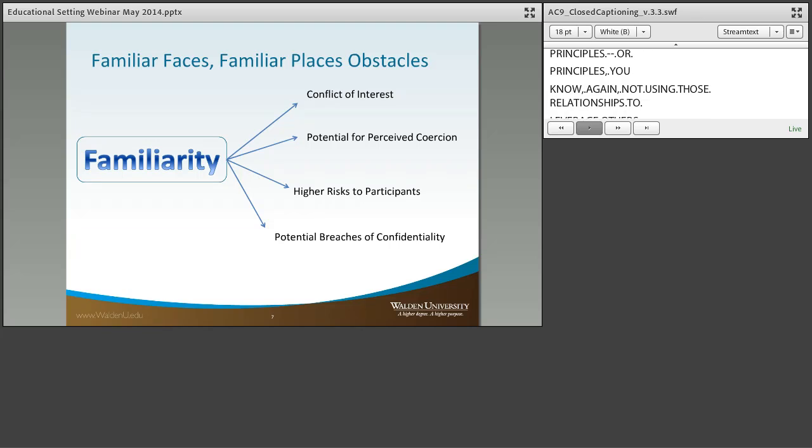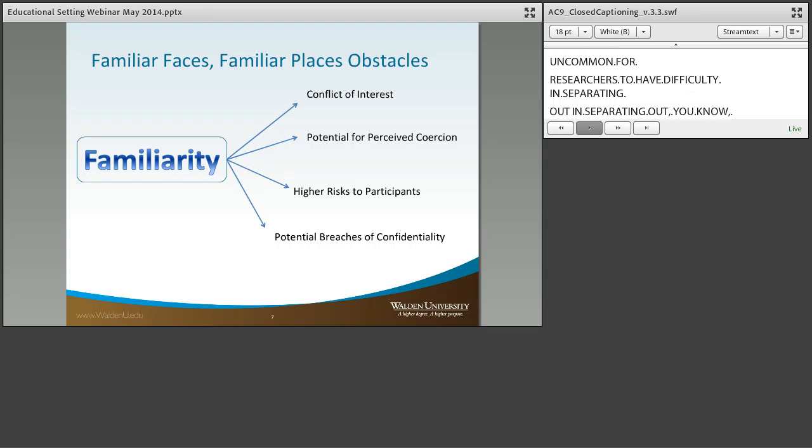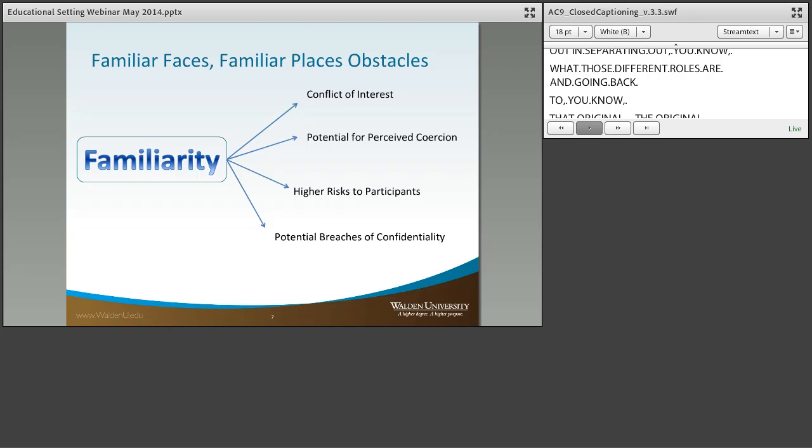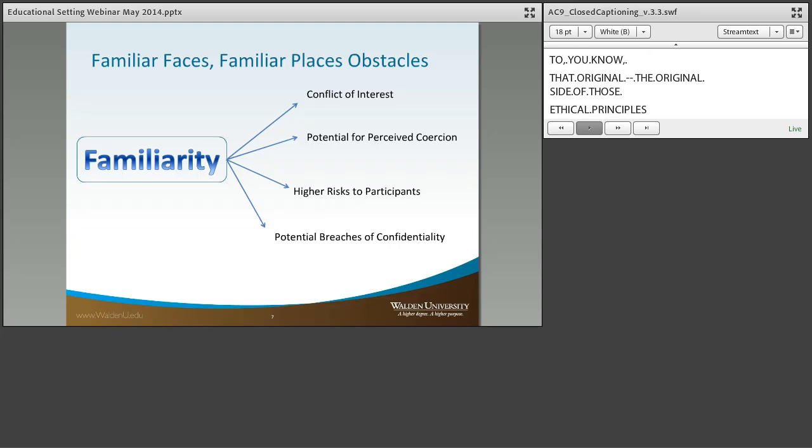And it's not uncommon for researchers to have difficulty separating out what those different roles are, and going back to those ethical principles of respect for persons, really keeping track of what the potential participants' perceptions are.